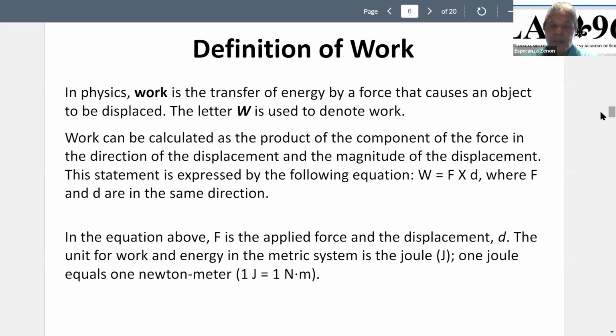When we take a Newton and a meter and multiply them together, we get this new metric system unit called the joule. The joule is the unit for energy and work. The way you get a joule is you multiply 1 Newton times 1 meter. A Newton meter is equal to a joule when we're dealing with work.